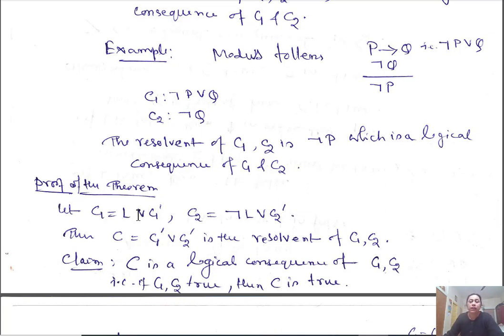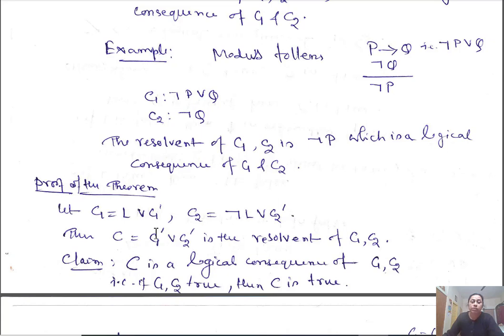Suppose C1 is L or C1 prime and C2 is negation of L or C2 prime. L is a literal in C1, and the remaining part of C1 is C1 prime. C2 has negation of L, and the remaining part of C2 is C2 prime.